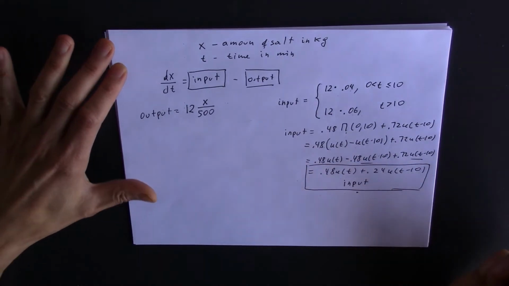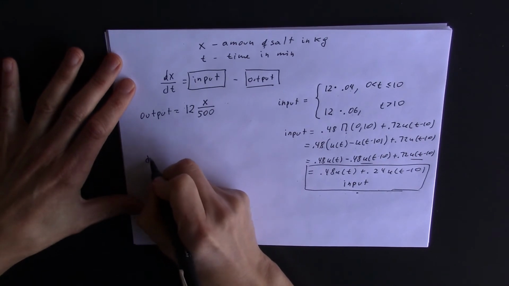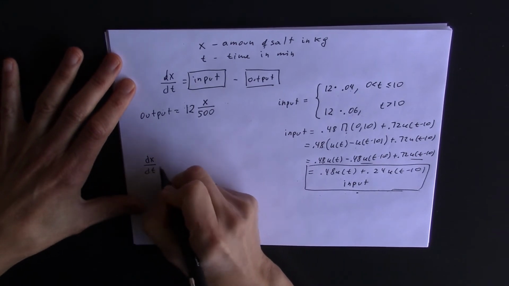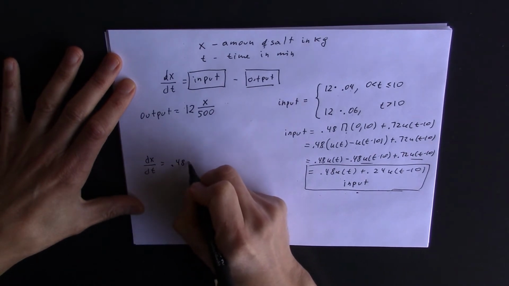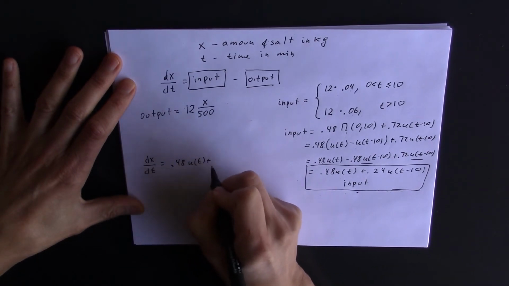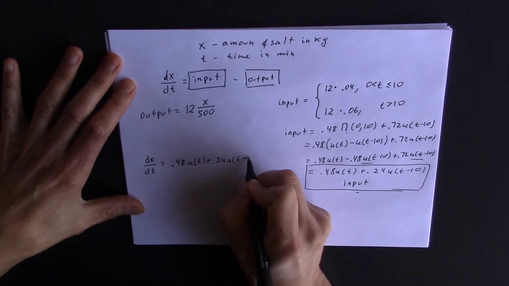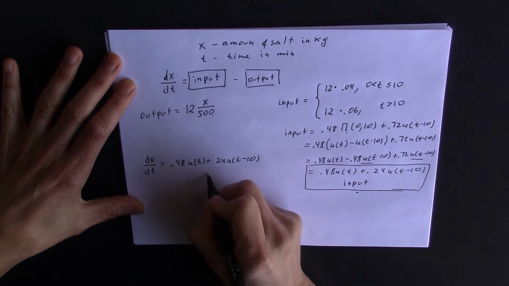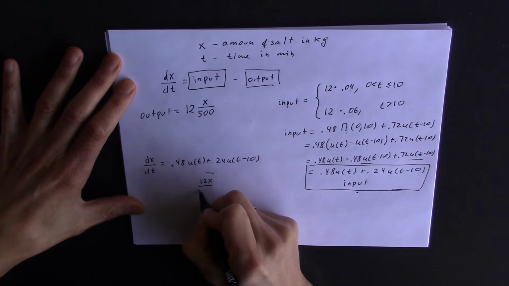So we get our input, and we are ready to write down the differential equation. dx/dt equals the input, 0.48 u of t plus 0.24 u of t minus 10, minus the output, 12x over 500.